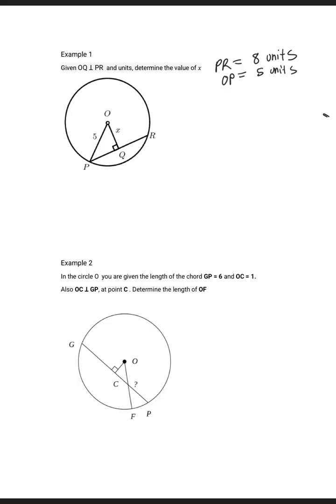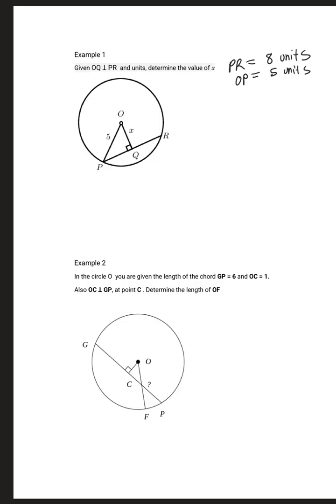So, according to theorem 1, if the line from the center, which is OQ, is perpendicular to a chord PR, it means it bisects the chord. So we can say that PQ is equal to RQ, reason: perpendicular from center bisects chord.